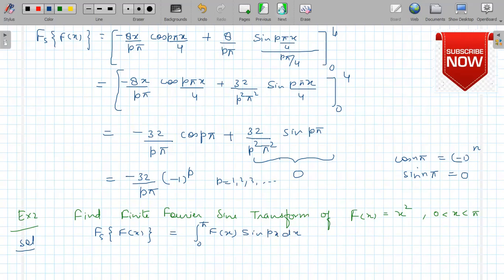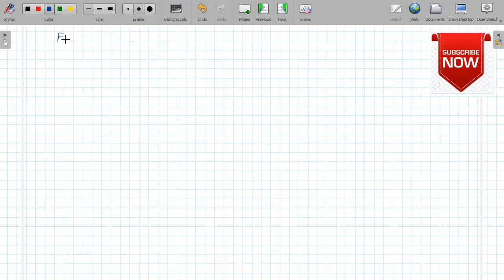Let's substitute the value of f(x): the Fourier sine transform of the function x squared is equal to integration 0 to π of x squared sin(px) dx. Here p is 1, 2, 3, and so on.